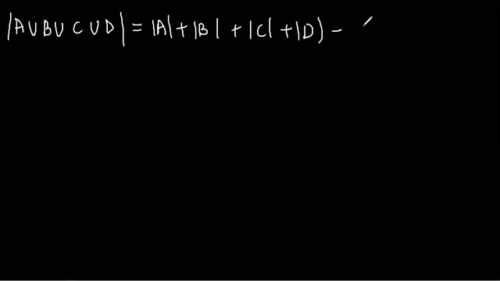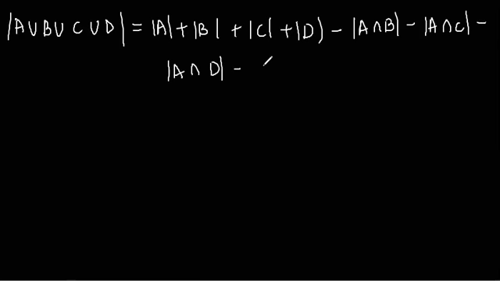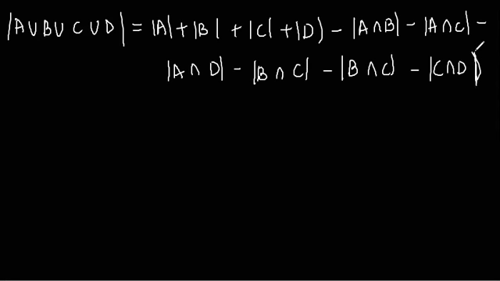So this will be minus A intersection B, minus A intersection C, minus A intersection D, minus B intersection C, minus B intersection D, minus C intersection D. These are all the combinations of 2 sets that we get when we are subtracting.